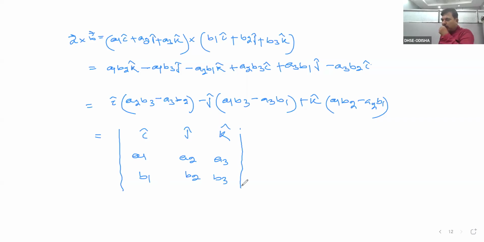Okay. If we expand this determinant according to the first row, we will get I cap whole into A2 B3 minus A3 B2, minus J cap whole into A1 B3 minus A3 B1, plus K cap whole into A1 B2 minus A2 B1. Okay. Then come to the geometrical interpretation of the cross product of two vectors.